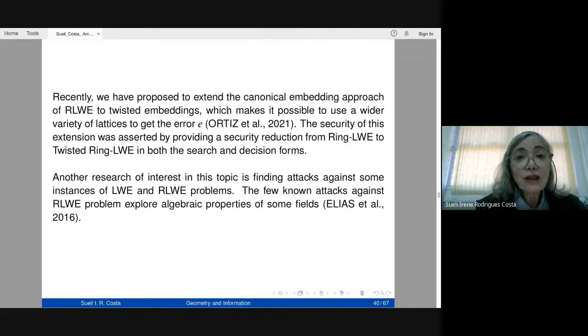And what we propose in this paper is to extend, because the ring LWE, RLWE, is based on the lattice constructed by the classical embedding, the Minkowski embedding. So we could show that we can also use the twisted embedding, the one that uses that deformation there. And the security will be equivalent to the first one. And this allows more choices for lattices here, right?